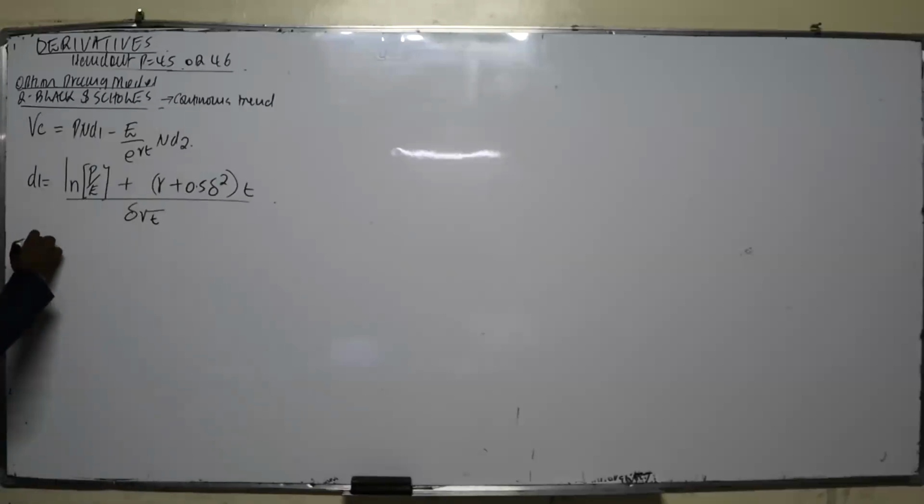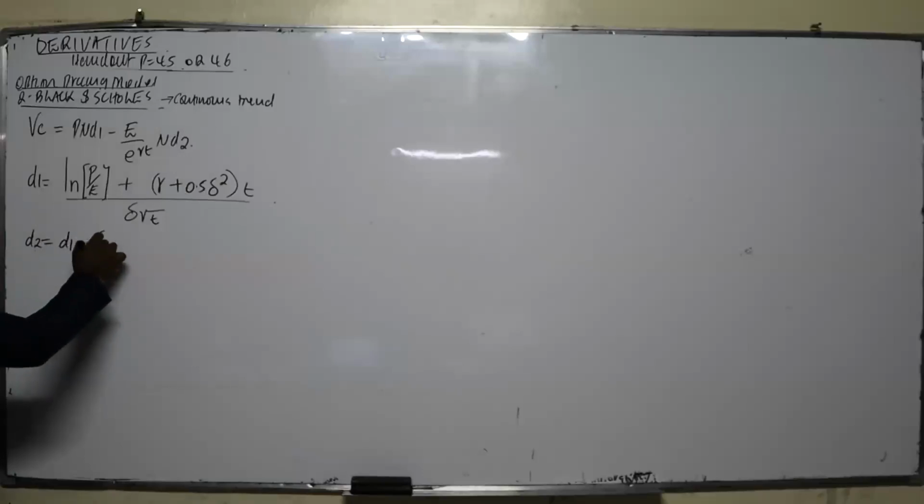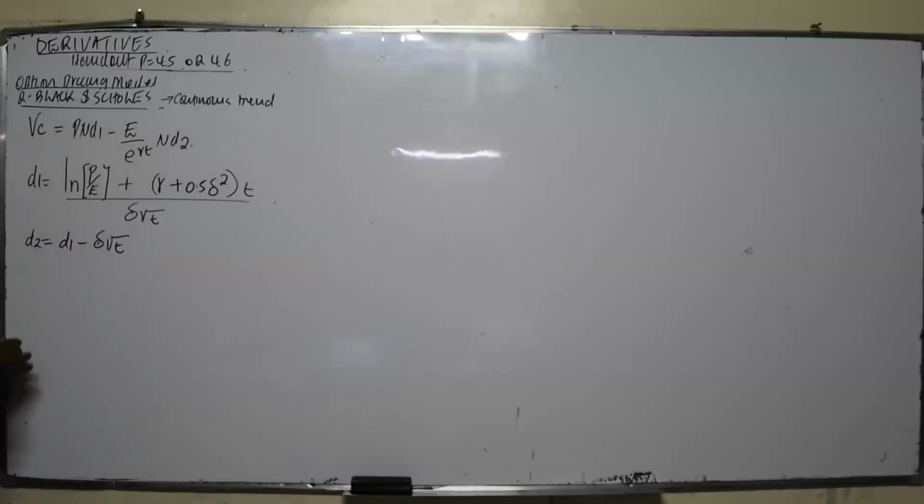And to get d2, it will be d1 minus standard deviation times the square root of t.